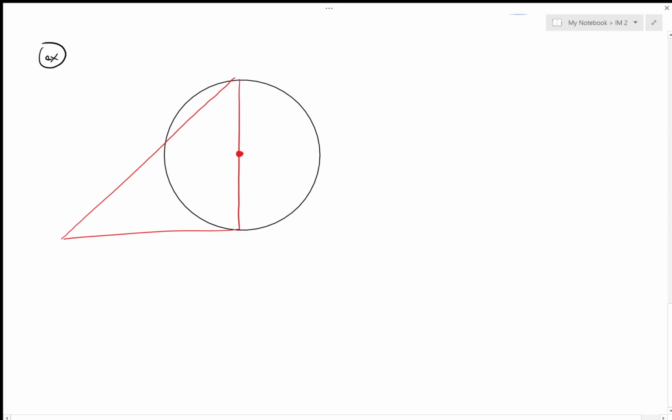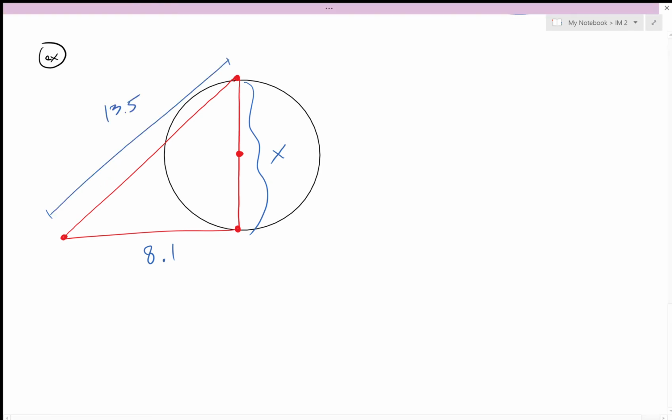Okay? So they give us, oh, actually that one's x that we're trying to find. Down here is 8.1, and from here to here is a 13.5.